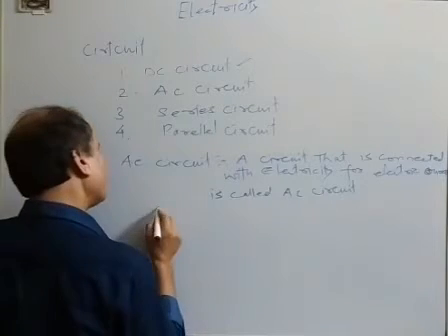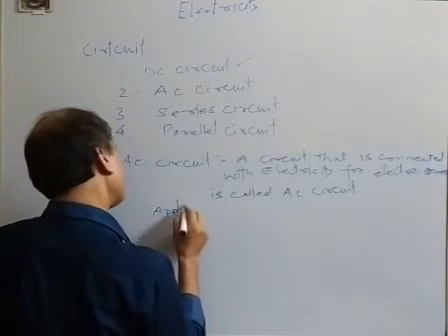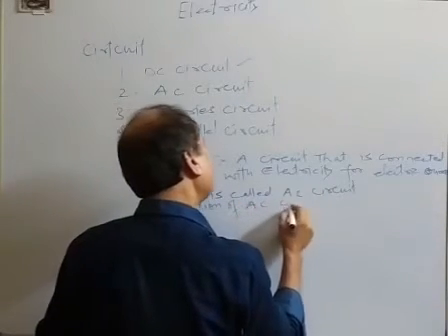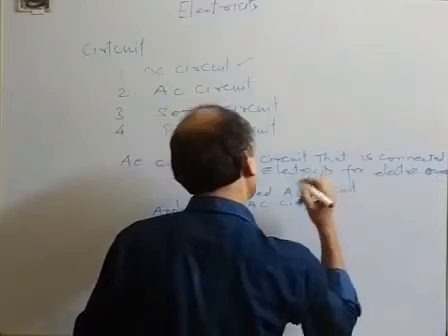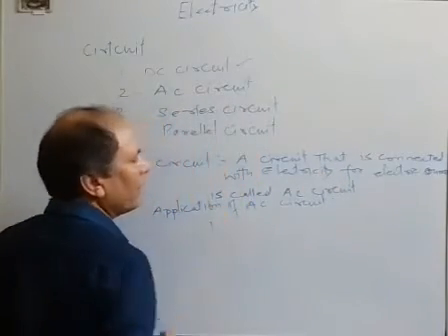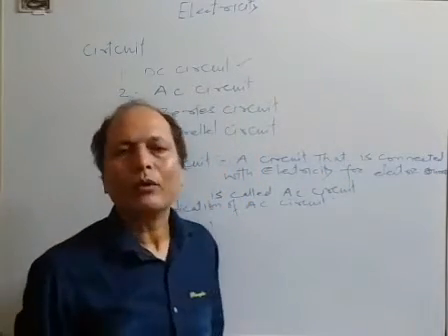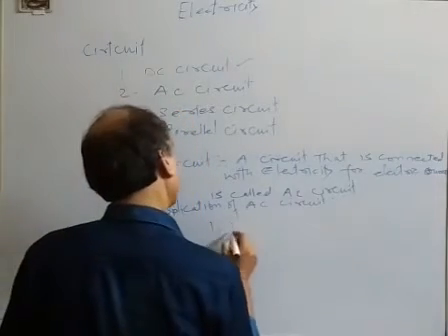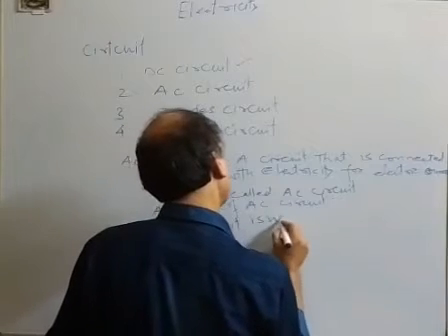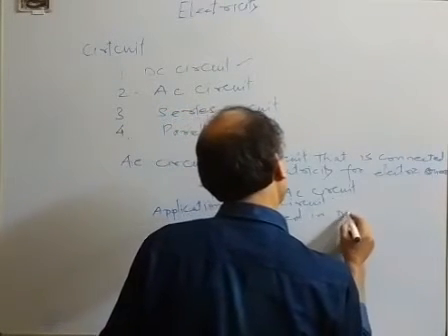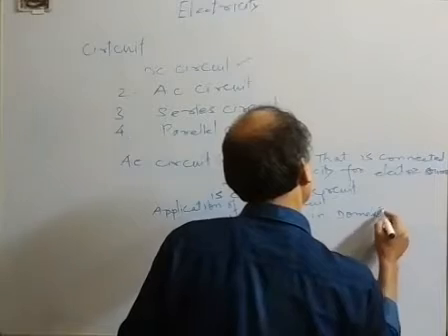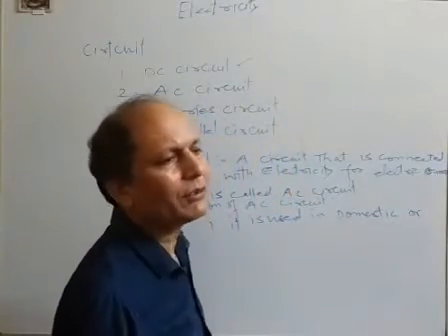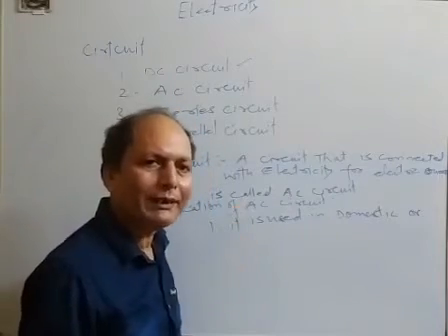Application of AC circuit. Number one, AC circuit is used in our home for domestic supply of electricity, or also we can say industrial supply, because all the industries also depend upon electricity.